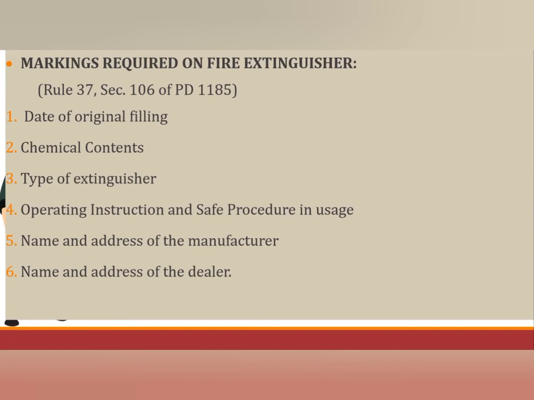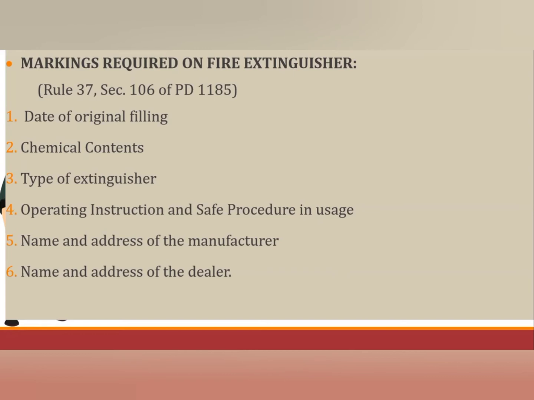We all know that in all products, we can see those instructions and those safety precautions and warnings that we must observe. Name and address of manufacturer and name and address of the dealer. So you have to ensure that these are present.